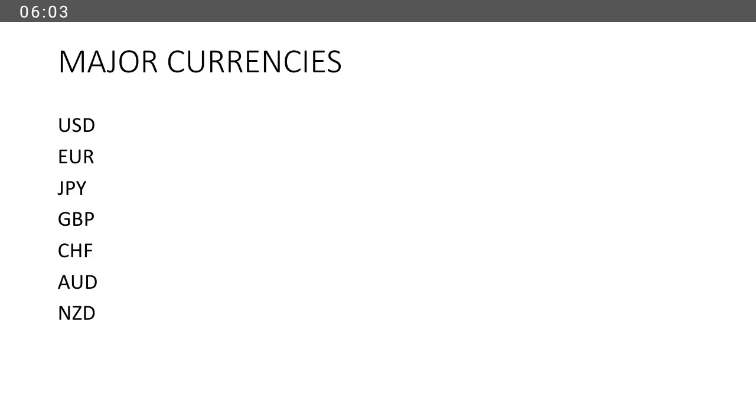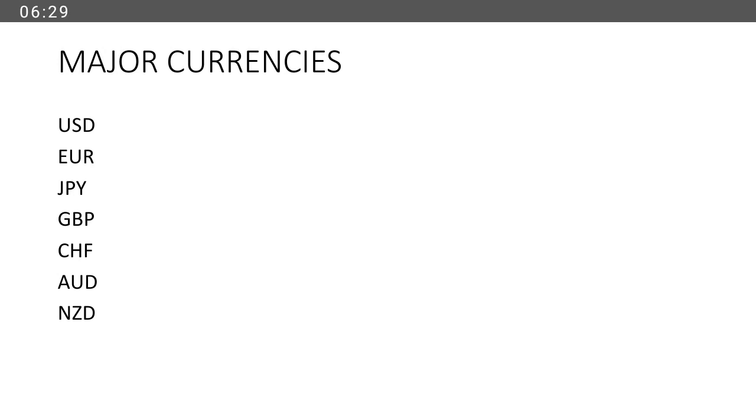So now, what are the major currencies in Forex trading? Number one is the USD. The USD stands for US dollars, or United States dollars.